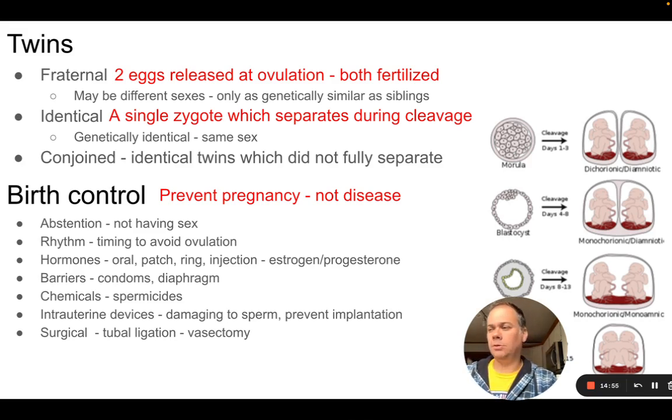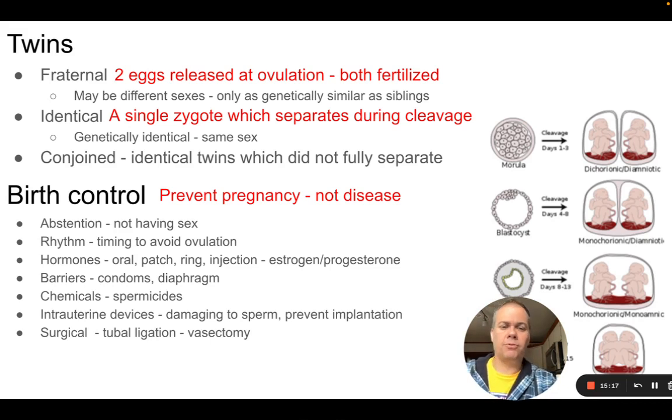Condoms can be used by males to prevent sperm cells from reaching the egg cell. Chemicals called spermicides are sometimes used. There's a device called an intrauterine device, IUD, which can be placed into a woman's cervix at a doctor's office, and that prevents her from becoming pregnant.